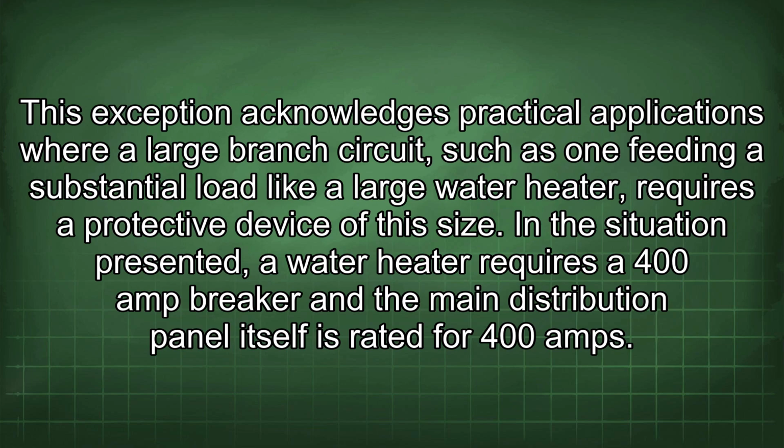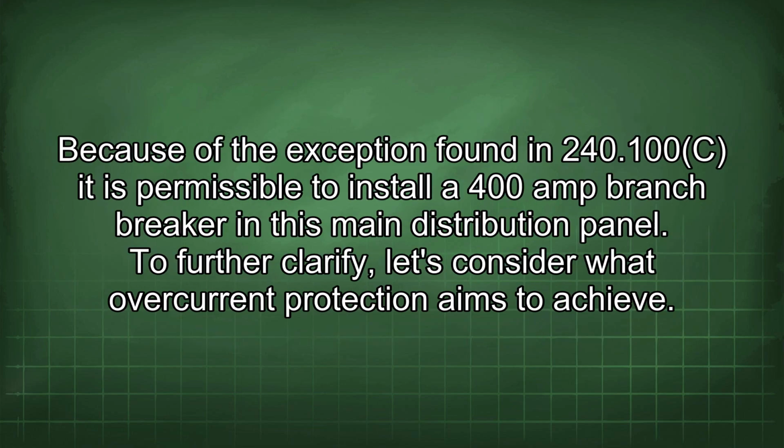In the situation presented, a water heater requires a 400 amp breaker and the main distribution panel itself is rated for 400 amps. Because of the exception found in 240.100c, it is permissible to install a 400 amp branch breaker in this main distribution panel.